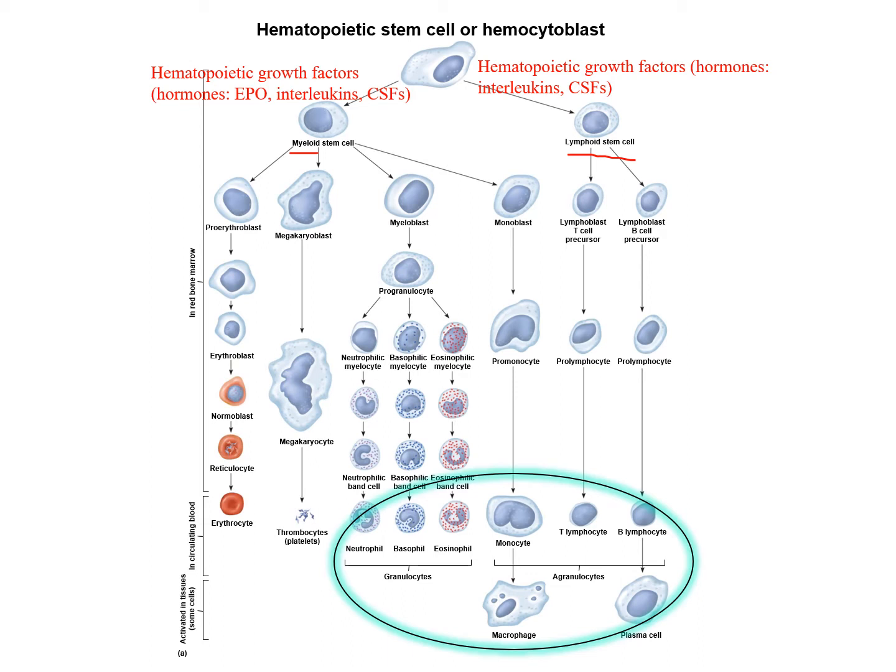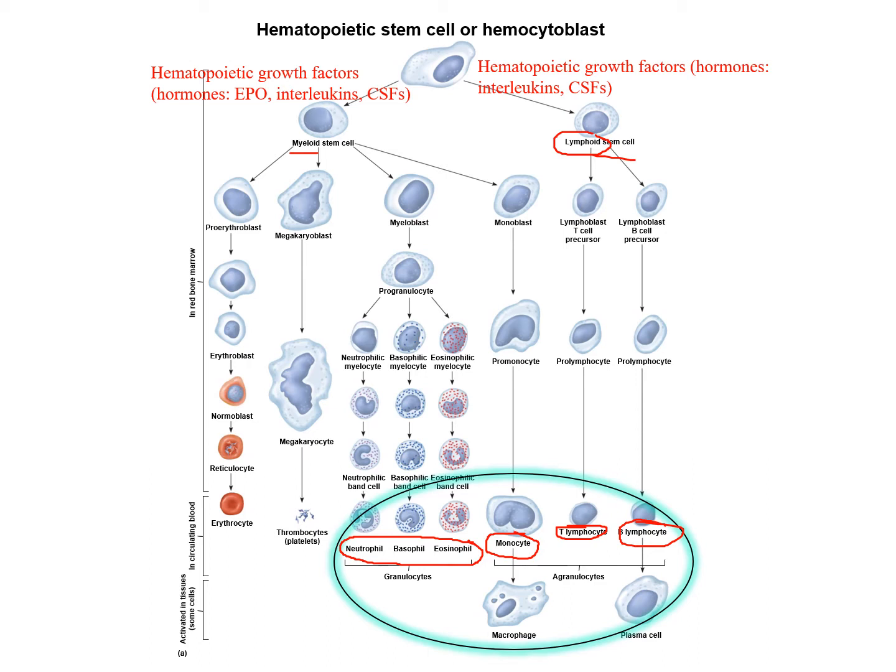It's actually pretty easy if you just think about lymphoid stem cells give rise to lymphocytes. We'll talk more about the 2 types in a few minutes. And then the myeloid stem cell, you'll notice, will differentiate into the other 4 types of leukocytes, the 3 granular leukocytes, as well as this other type of agranulocyte, the monocytes.